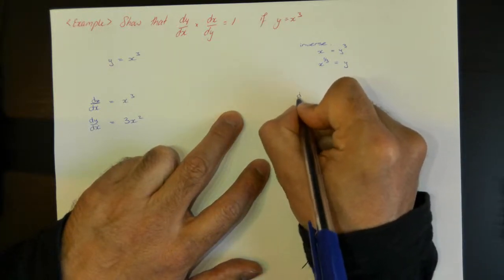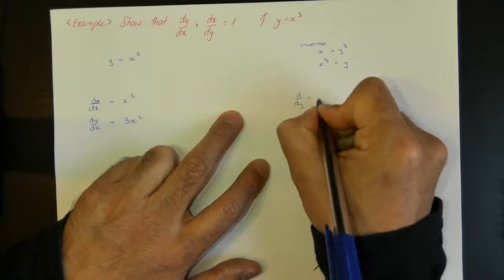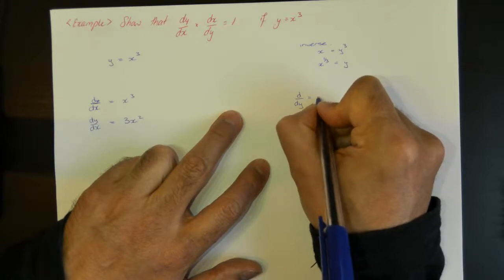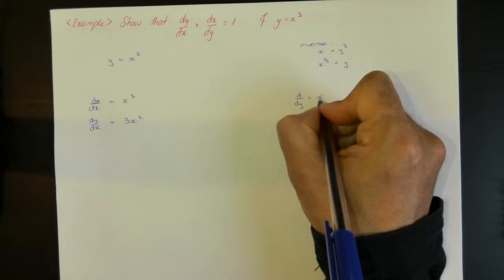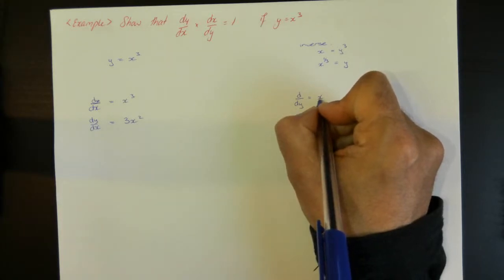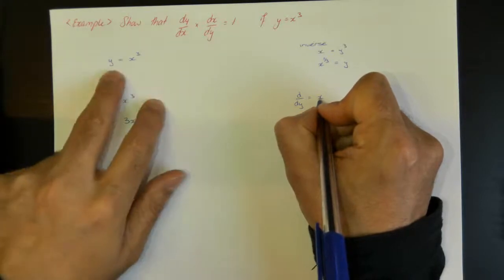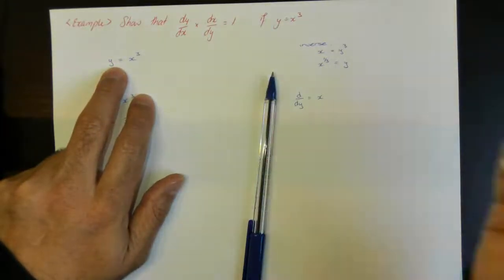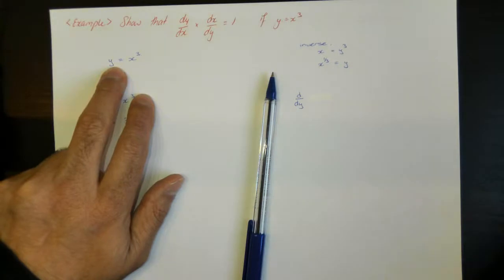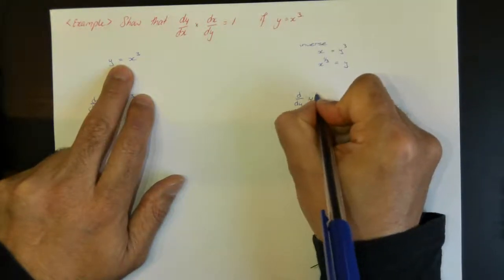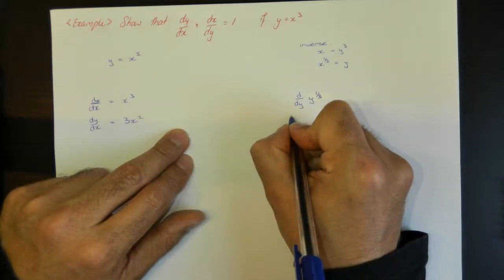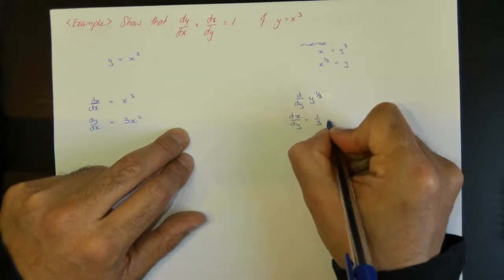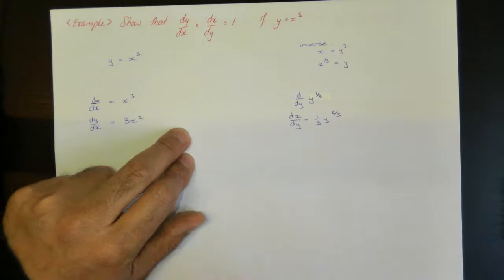Now, d over dy of, still using this rule, y to the power of a third would be that.